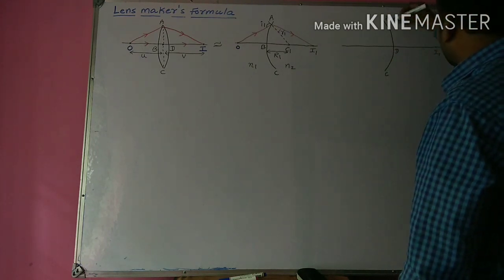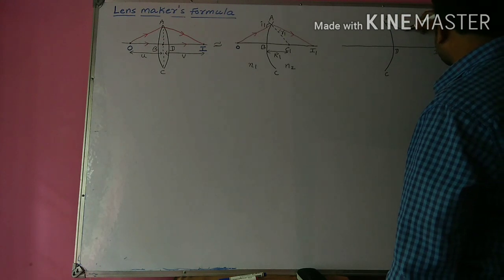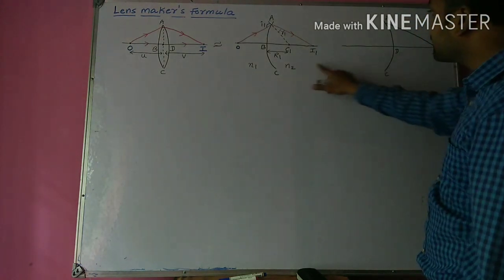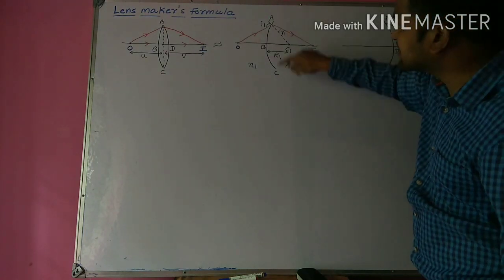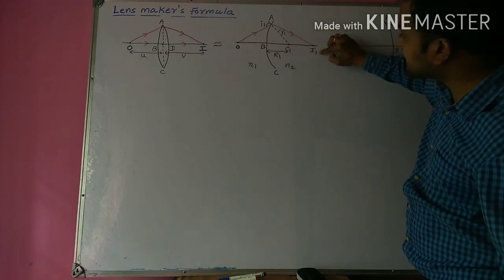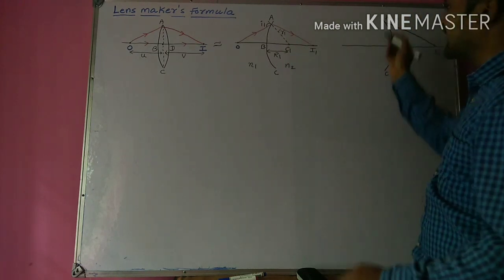Whenever a light ray comes from this I1, which acts as the object for the ADC surface, imagine ADC like this. From I1 there is a light ray.